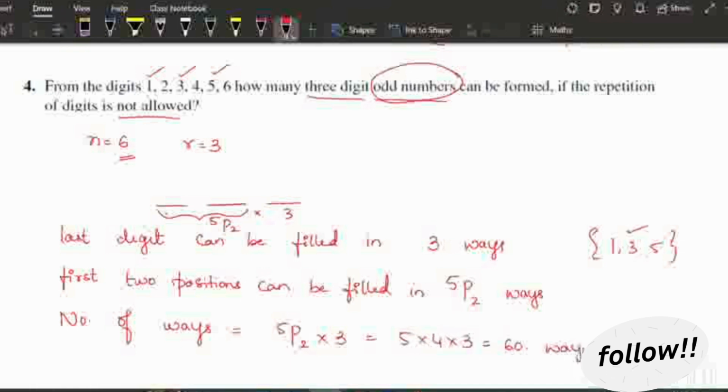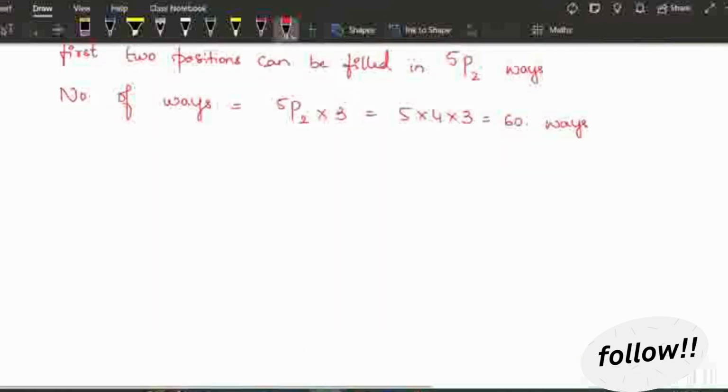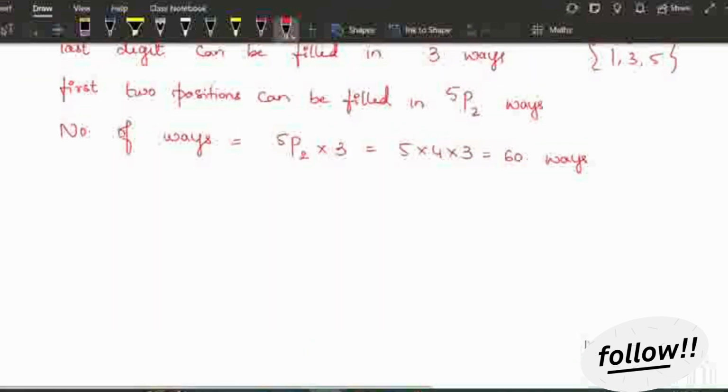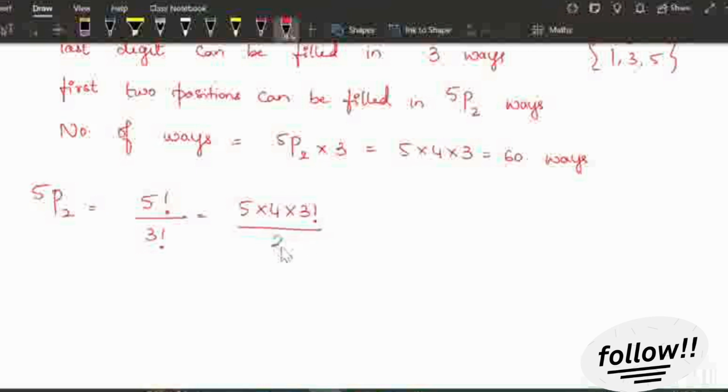60 different ways. Now when you have 5P2, every time you don't have to substitute the formula. Substituting the formula is 5 factorial divided by (5 minus 2) factorial, which is 3 factorial, and then expanding it, 5 into 4 into 3 factorial. We stop here because we have 3 factorial in the denominator, which gives us 5 into 4, 20.